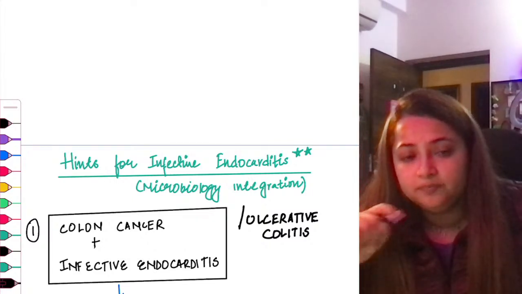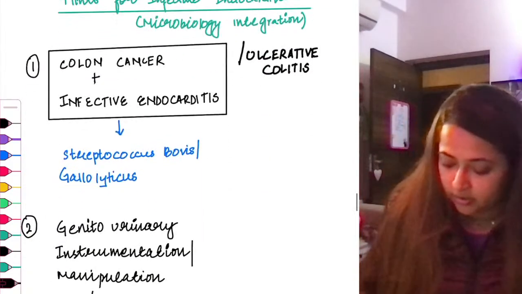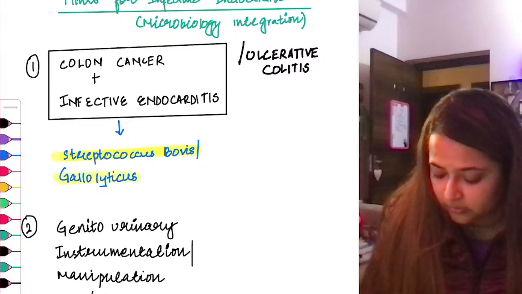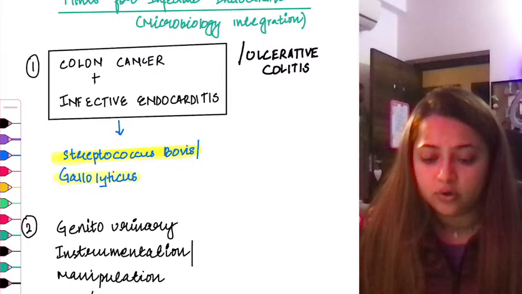Your answer is going to be Strep bovis, or Streptococcus gallolyticus. So this is the integration from microbiology. The organism implicated here is Streptococcus bovis.